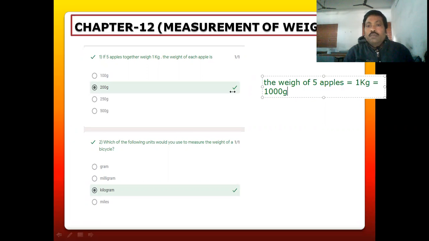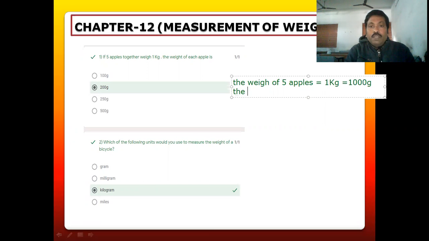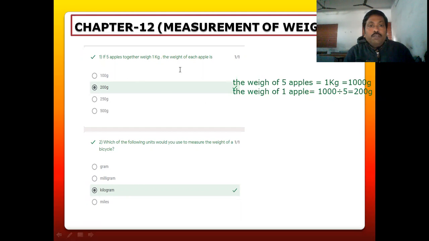Now, what is the weight of each apple? To find the weight of each apple, the weight of one apple is equal to 1000 divided by 5, we get 200 gram. It means the weight of one apple will be 200 gram.